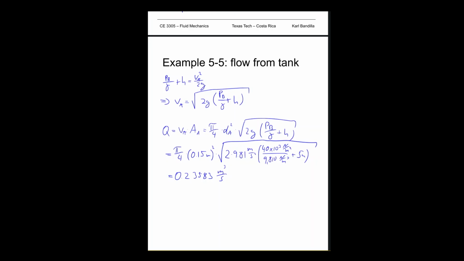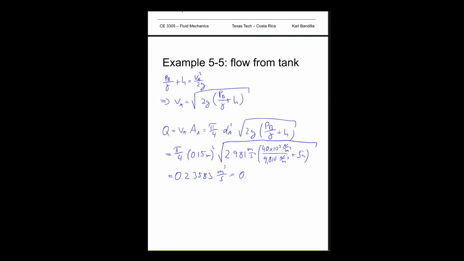So let's see. Outside of the root, we get square meters. Inside, we get Newton meters squared over Newton meter cubed. So that's a meter. That fits to the meters of the 5. So we're left with square meters over square seconds. We take the root, we get cubic meters per second.